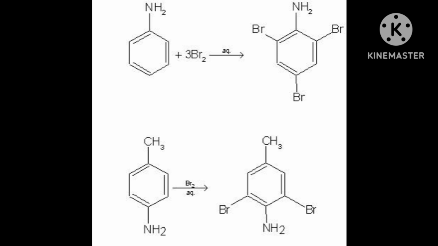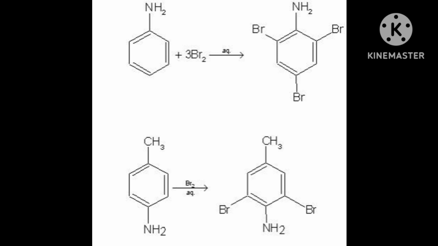So simply in place of H plus, this electrophile joined. Correct? Then you got a product that is N-phenyl ethanamide, also called acid anilide.